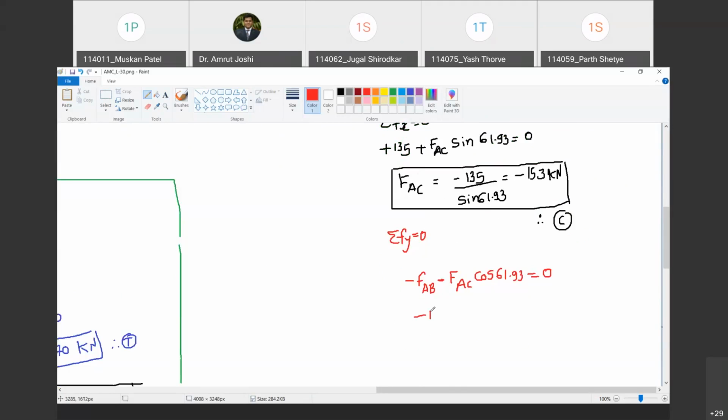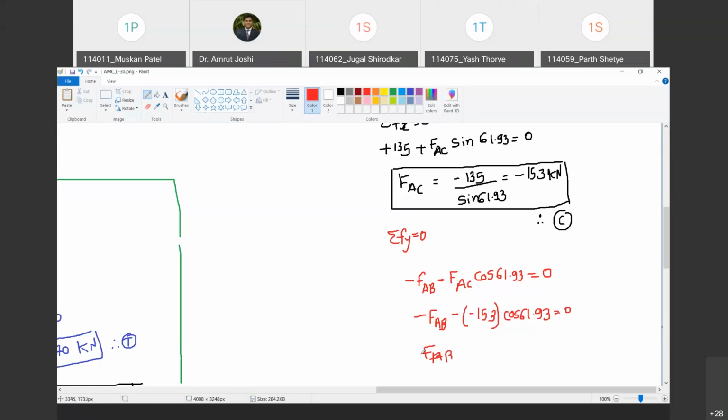So this is minus FAB, into this minus sign as it is, but FAC itself is minus, so it is minus 153. Do you agree with me? Yes, sir. Cos of 61.93, this must be equal to 0. So this negative will become positive. FAB will go on other side, and you will get FAB equal to 153 cos of 61.93.